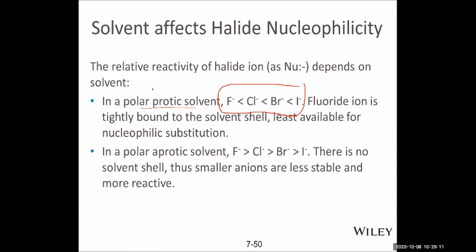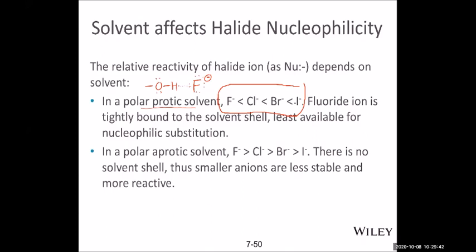The main reason is that in a polar protic solvent, fluoride can form hydrogen bonding. If you remember, hydrogen bonding bonds very tightly with the hydrogen, so that really affects its ability to react. So basically, fluoride being stabilized by the solvent makes it not so reactive.